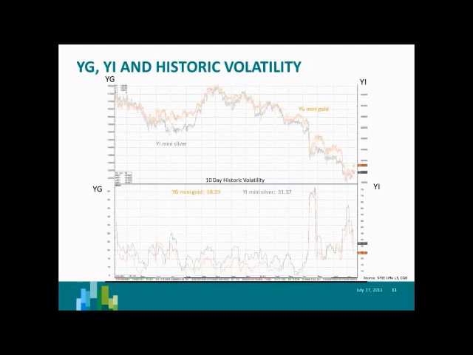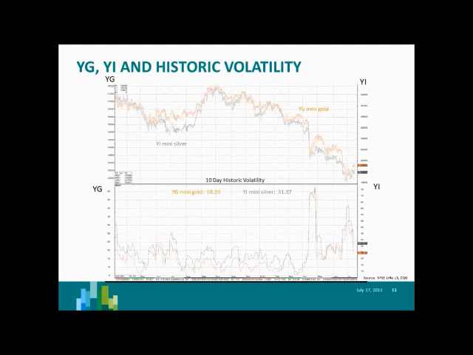Now, if we take a look at more recent price action, here is a slide of gold prices and silver prices, and what I really want to zero in on in this slide is the historic volatility, to give you a sense of one of the key differences between the metals.